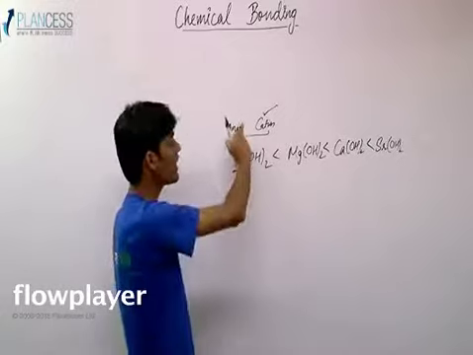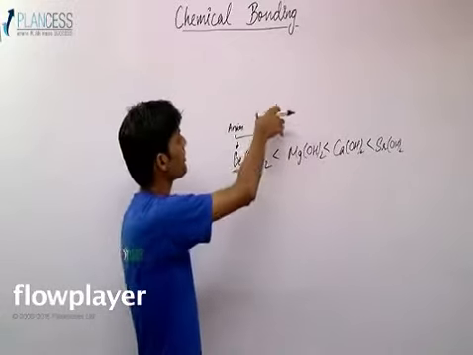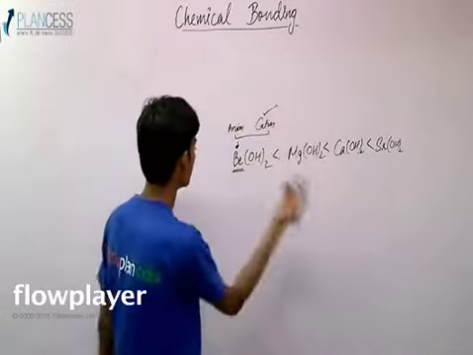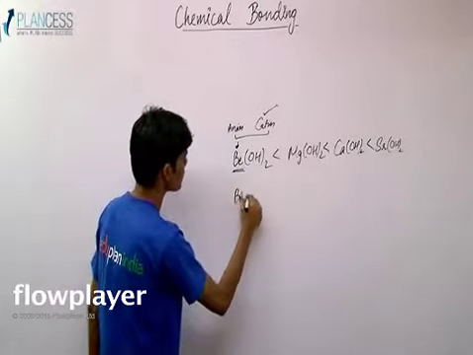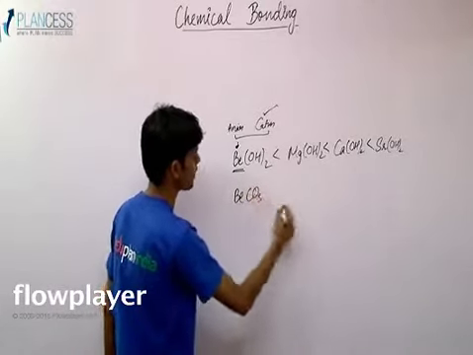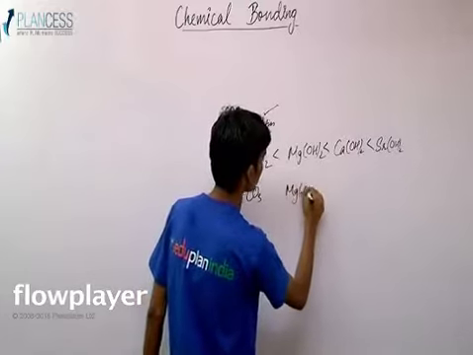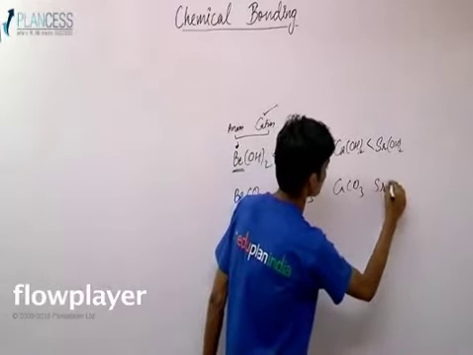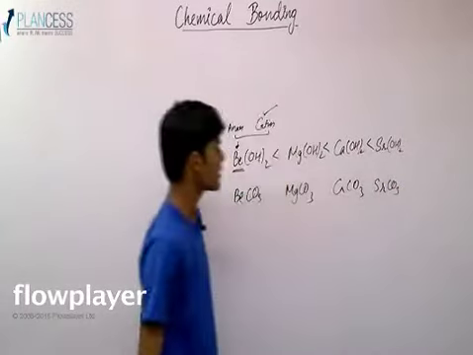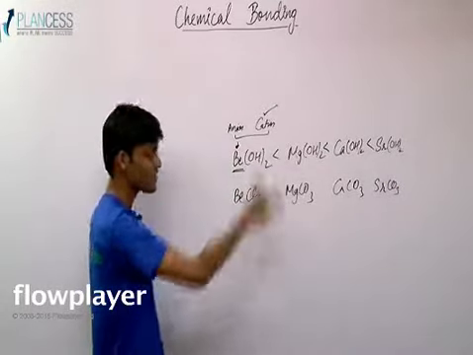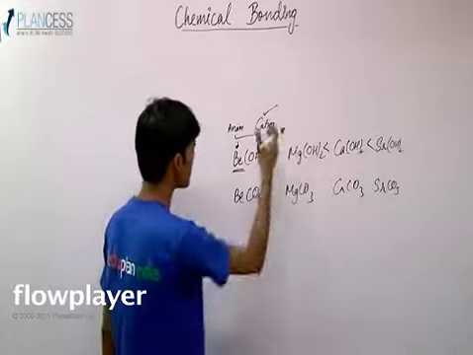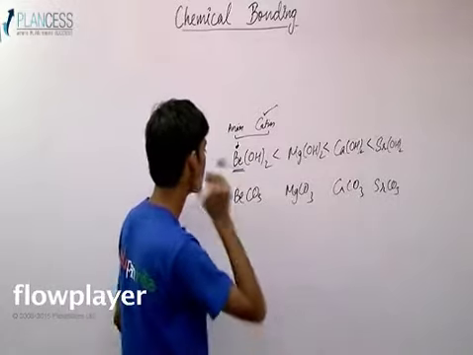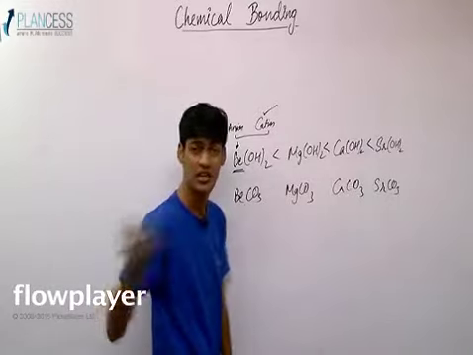Now when the anion is pretty large as compared to the cation, let's take an example of BeCO3, beryllium carbonate, magnesium carbonate, calcium carbonate and strontium carbonate. In that case, the lattice energy as we go down the group does not change much, but the hydration energy still decreases.